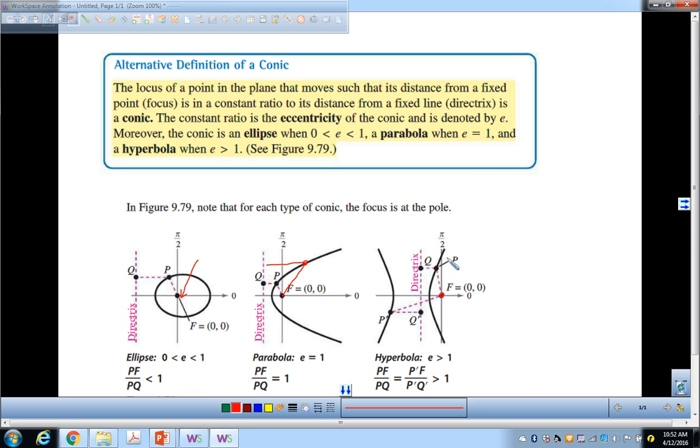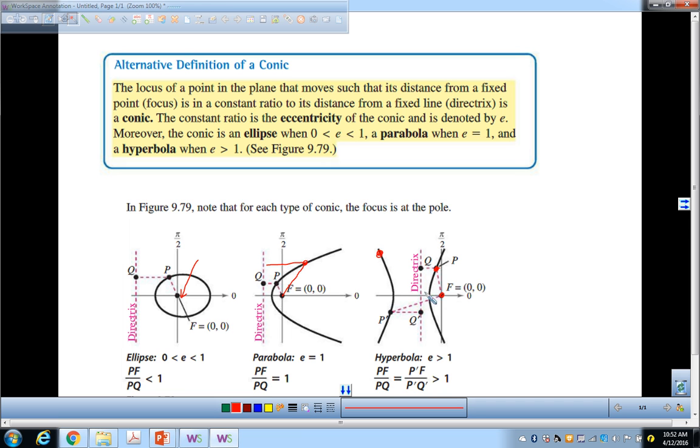In the case of a hyperbola, which also has a directrix, if I take the distance from any point on that hyperbola to this focus and divide by the distance from that point to the directrix, I will always get a constant bigger than 1. That's called the eccentricity in this case, and it doesn't matter which point I pick.